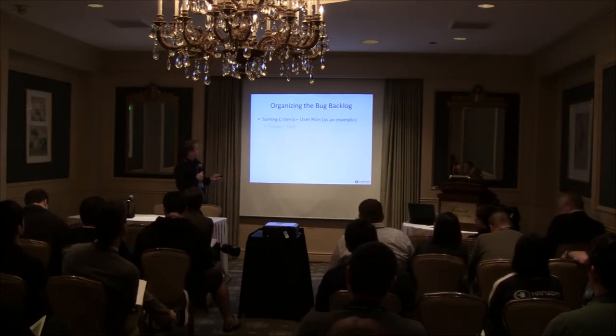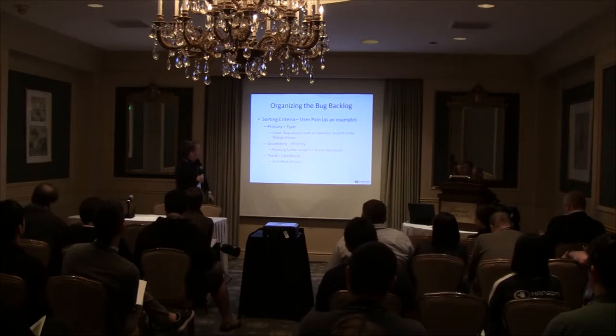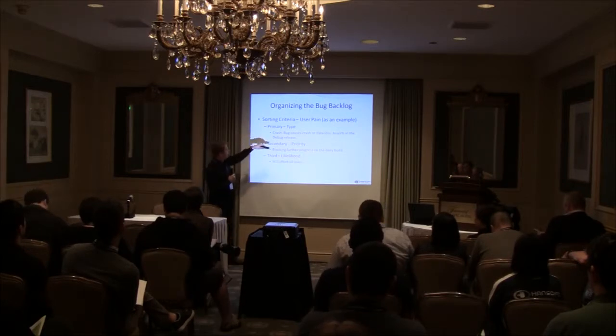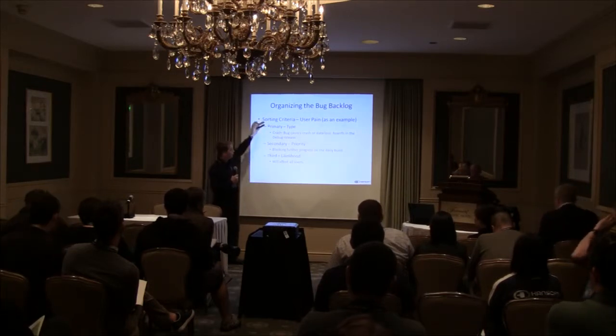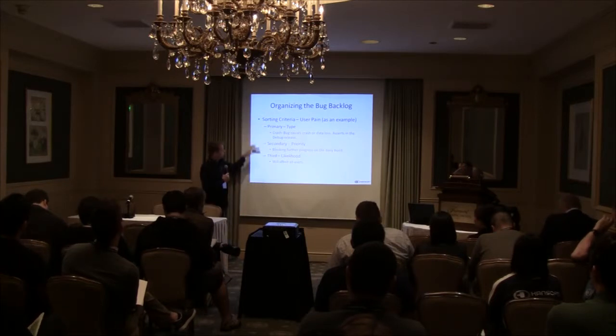So if we look at this in an example, this is what we would look at. Sorting criteria. So I might sort by primary, then by secondary, and then my third option, and of course any version of these. These are the kind of sorting criteria I would use to determine which bugs should be addressed first.